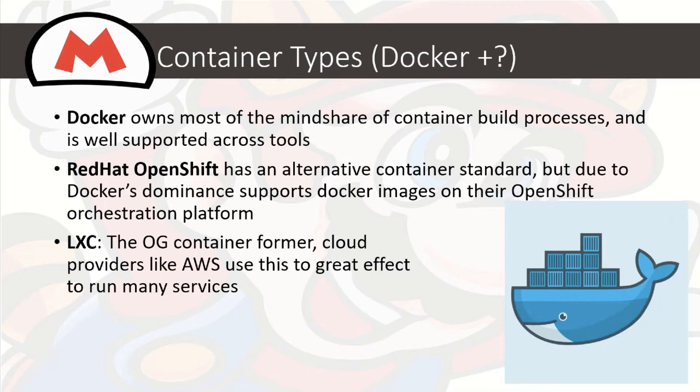Is it equivalent, like does a Docker config file work the same as an LXC config? Are they interchangeable or are they a different format? My understanding is totally different format. Okay, so spinning up an Amazon Nitro container would be a totally different process than spinning up a Docker container.